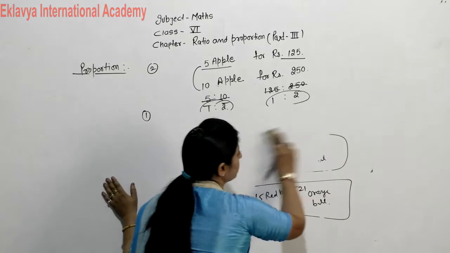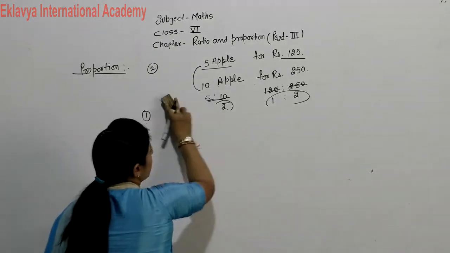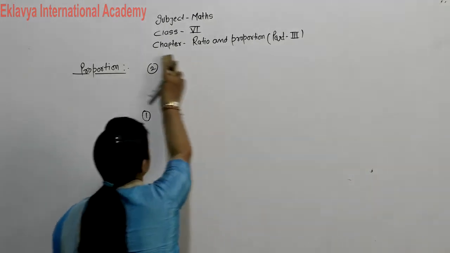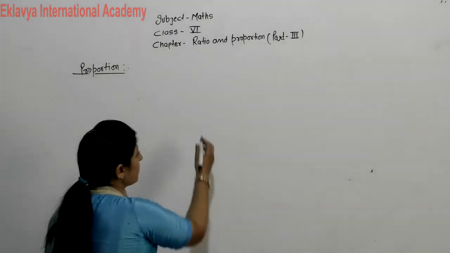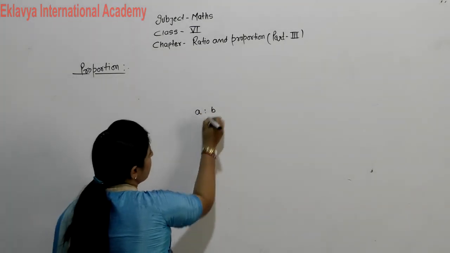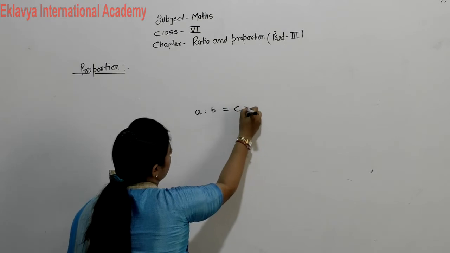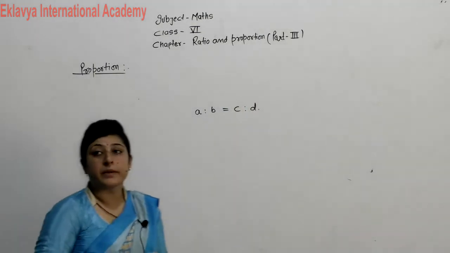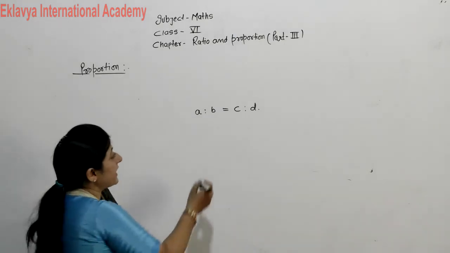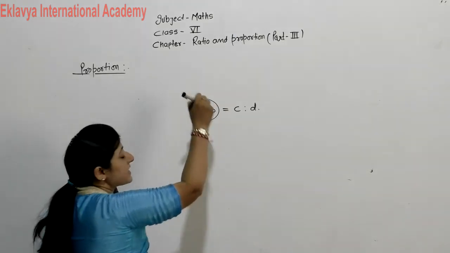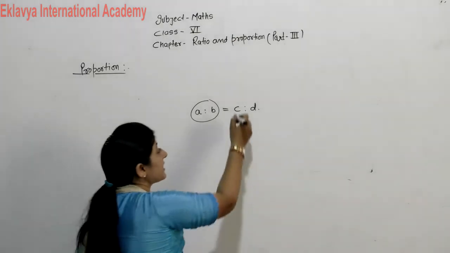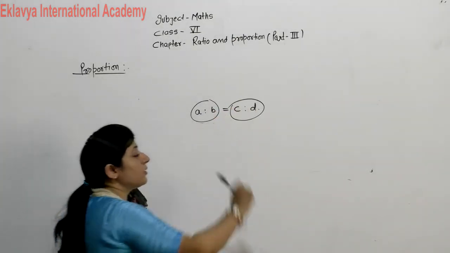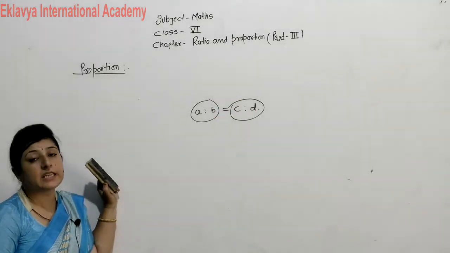Now see, in general, there are 4 terms in proportion. It means we can say A/B should be equal to C/D. Whenever you compare things, see properly that the first two should be the same kind and the other two also should be the same kind.